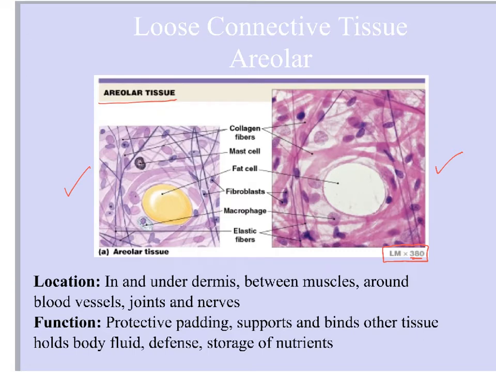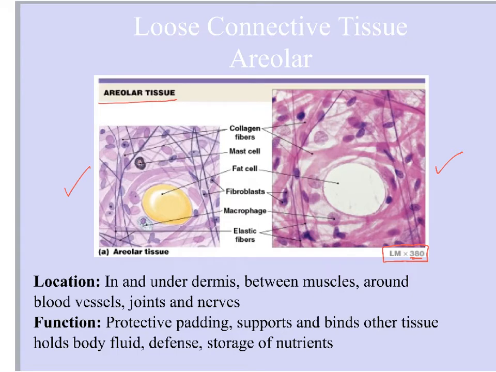Stains that will bind to specific molecules and make them appear distinct. Okay, so this areolar connective tissue and all the tissues we look at throughout the semester don't actually exist as color in the human body. So let's just make that clear.